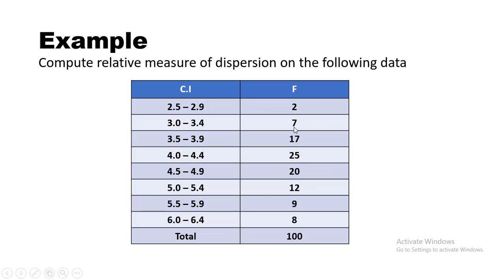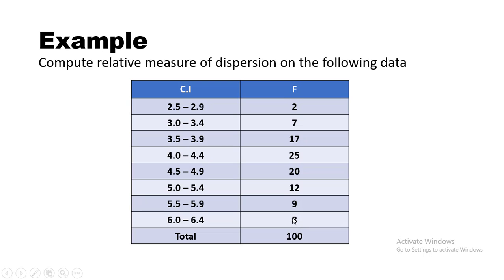The class intervals are 2.5 to 2.9 having frequency 2, 3 to 3.4 having frequency 7, 3.5 to 3.9 having frequency 17, 4 to 4.4 having frequency 25, 4.5 to 4.9 having frequency 20, 5 to 5.4 having frequency 12, 5.5 to 5.9 frequency 9, and 6 to 6.4 the frequency is 8.